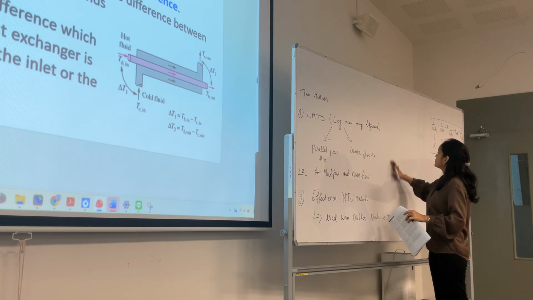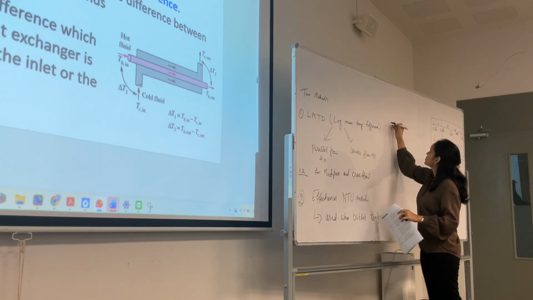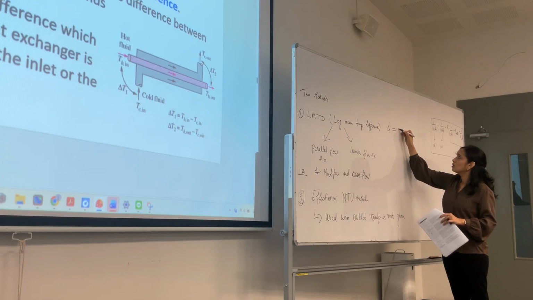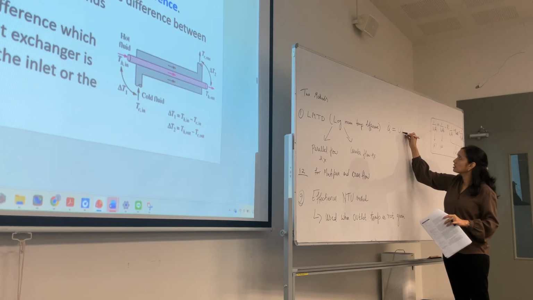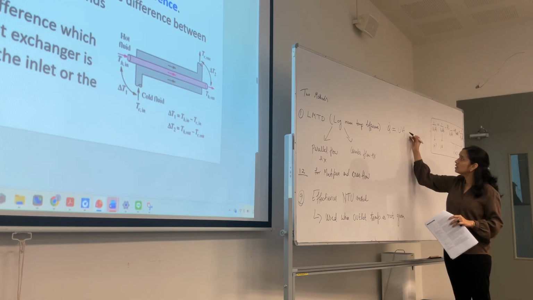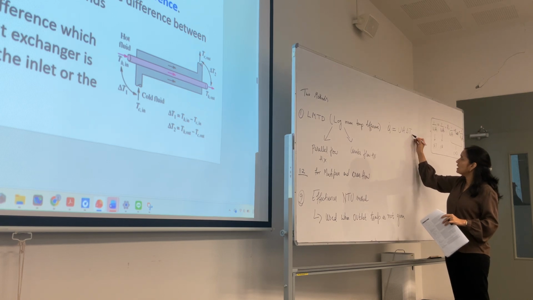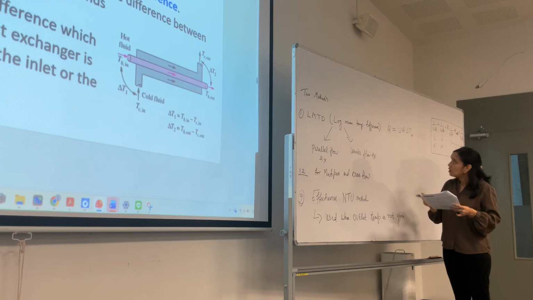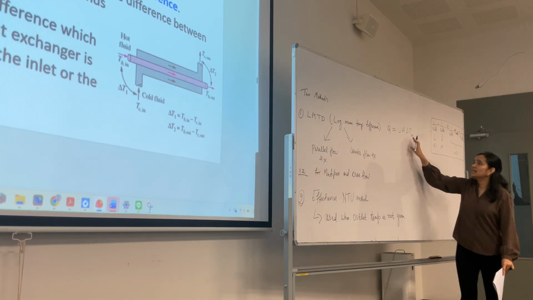So, heat transfer rate, overall heat transfer coefficient, area, delta T, LM is log mean. Alright. Why are we using delta T LM?